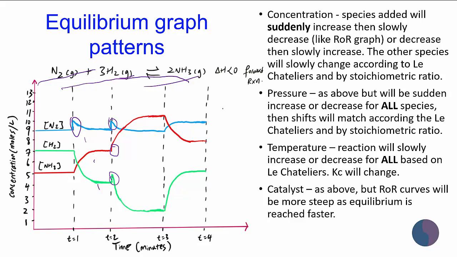If they're all gradual, it's suspicious that there's been a temperature change, and you can confirm that by grabbing all these values off the graph and doing a Kc check before and after to see if the Kc values have changed. That's pretty nasty. And if they're going to be super nasty, you should also check how long it takes to reach equilibrium. If it's a shorter or longer time, it's suspicious that it's the adding or taking away of a catalyst.